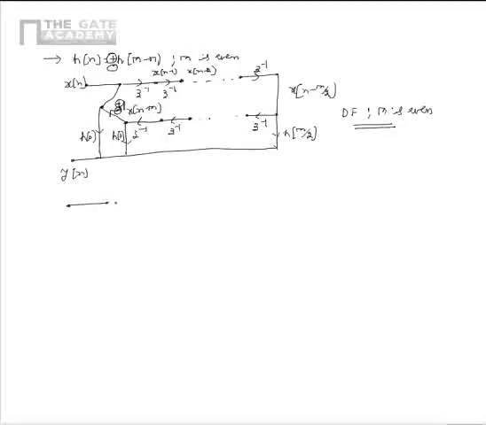When m is an odd integer, the structure can be realized as shown, but as m is odd, the structure gets modified slightly as shown. Here we are adding a delay z inverse on the right hand side, where the delay z inverse was not present previously. This has come into picture as m is an odd integer.